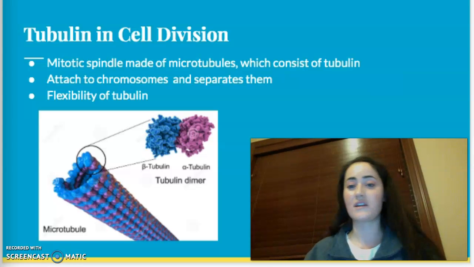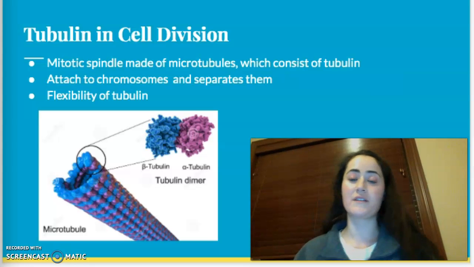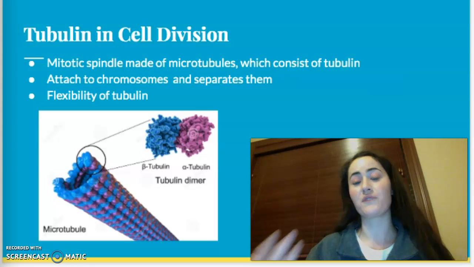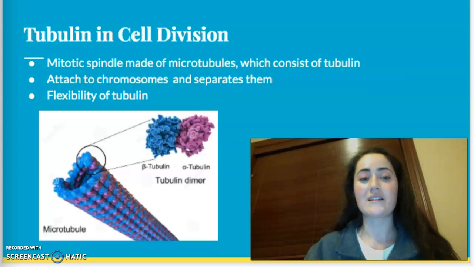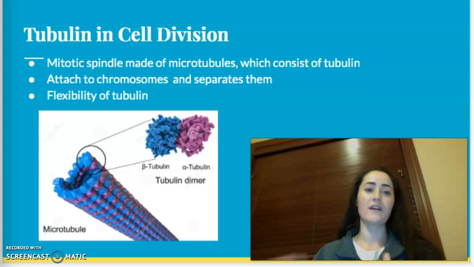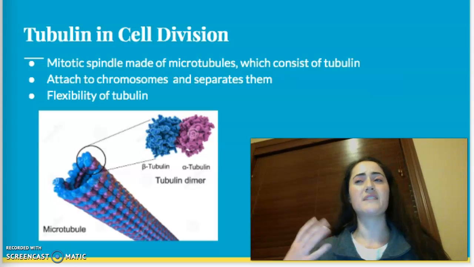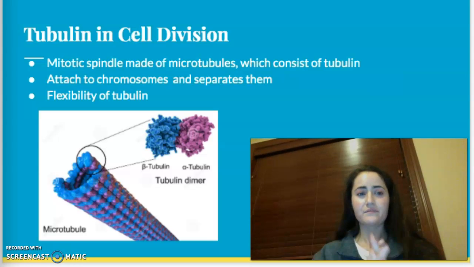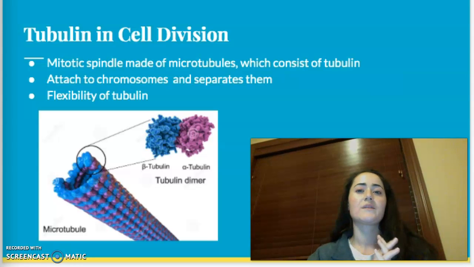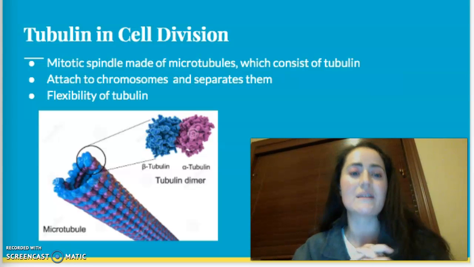Our cells are constantly dividing as well as dying, and these processes are really regulated, and that's something that's really key here. Now, something that's really crucial that happens during mitosis specifically is that we have chromosomes, and they're going to be moving and segregating. This is actually controlled by what's called the mitotic spindle.